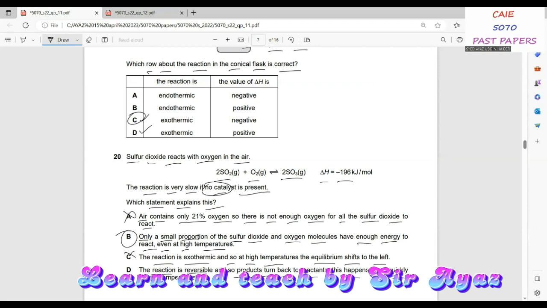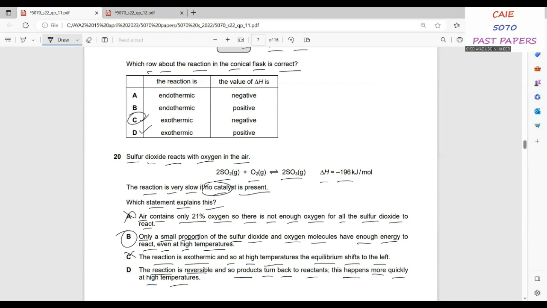This happens more quickly at high temperatures. The equilibrium will shift to the reactant side. It does not happen more quickly at high temperature, because high temperature means we are increasing the rate of the reaction. So B will be the right answer for this question.